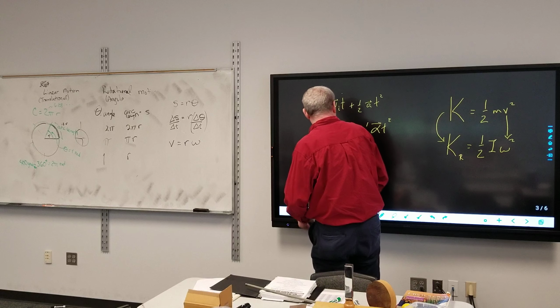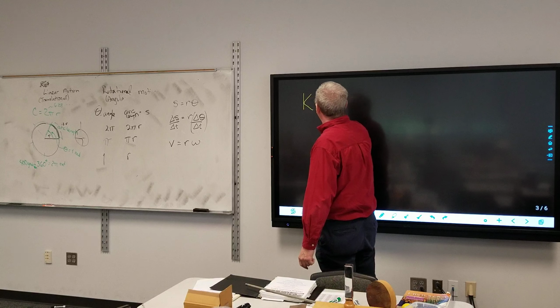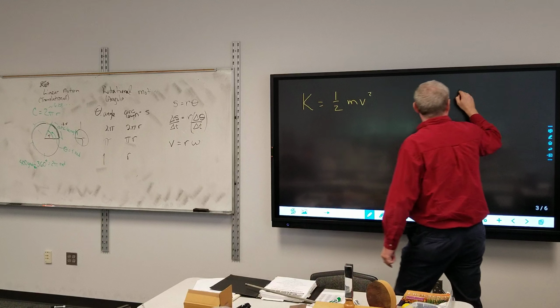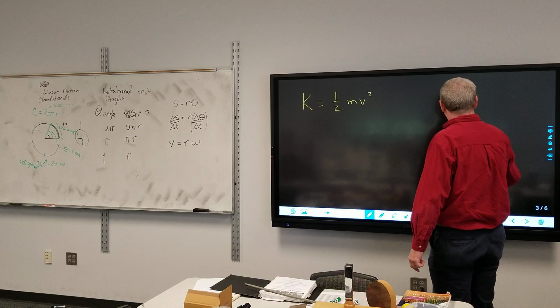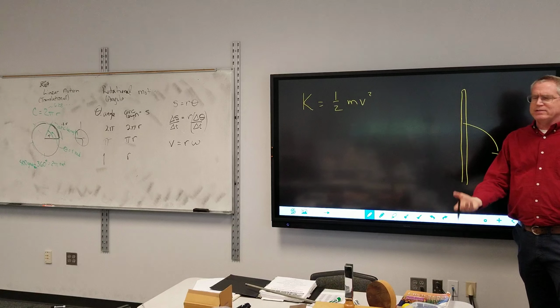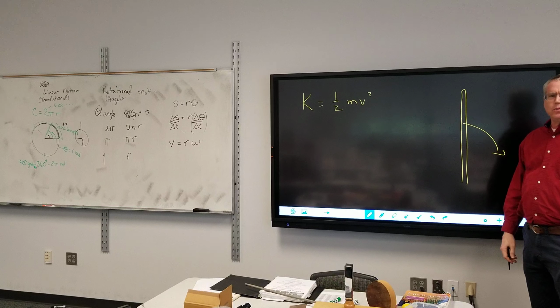So I want to find the kinetic energy of the pole, 1/2 mv squared. I've got the pole right here. It is going to fall. Mass of the pole, I can stick it on a balance, figure out what the mass is. Not a problem. What speed do I use?